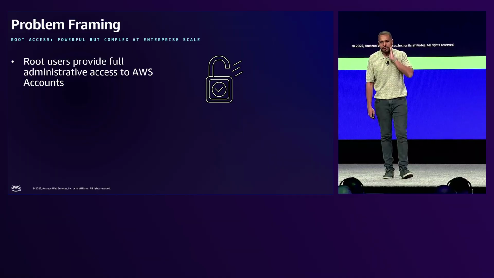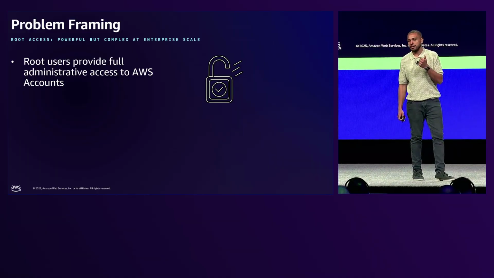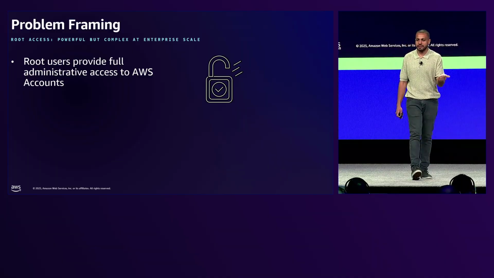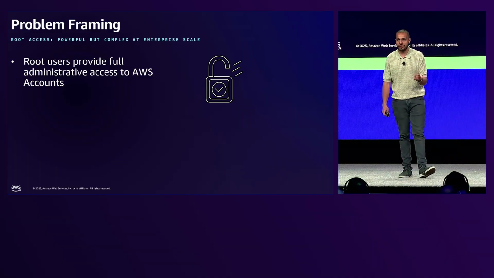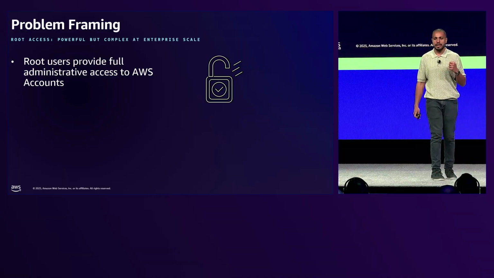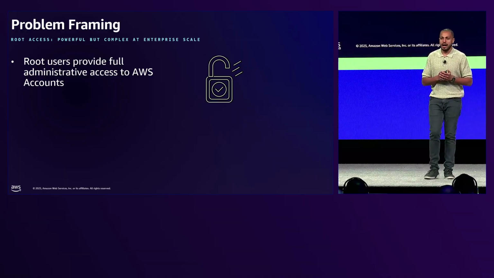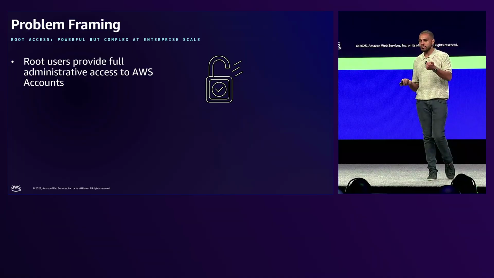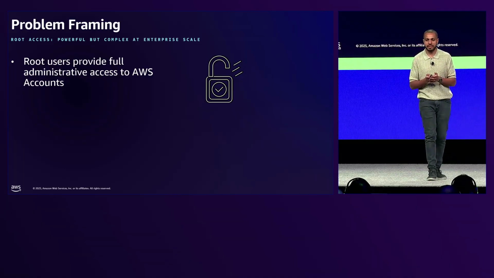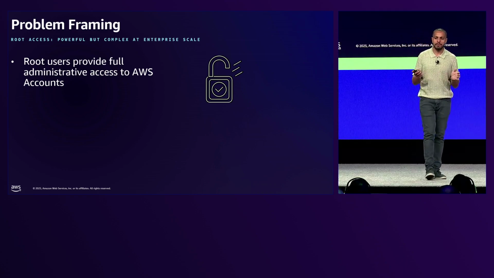So root still exists for rare actions. For example, recovering a locked S3 bucket, SQS queues, or enabling IAM access for billing. But those events are rare and far in between. Yet every account carries a password and an MFA that still needs to be protected. Root is powerful, there's no argument there.